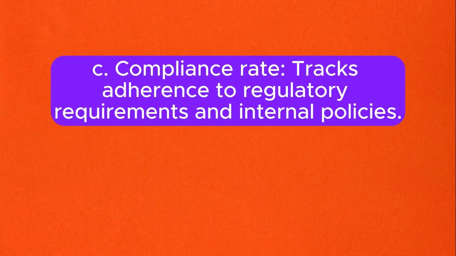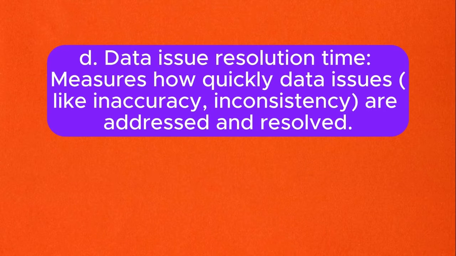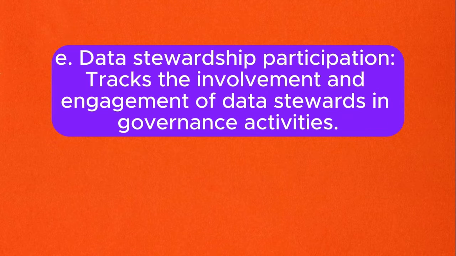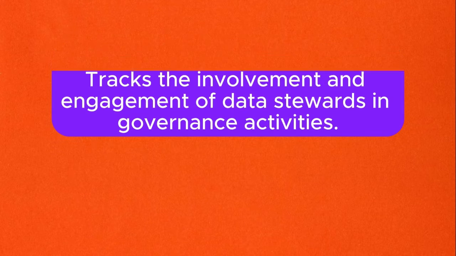C. Compliance rate tracks adherence to regulatory requirements and internal policies. D. Data issue resolution time measures how quickly data issues like inaccuracy and inconsistency are addressed and resolved. E. Data stewardship participation tracks the involvement and engagement of data stewards in governance activities.